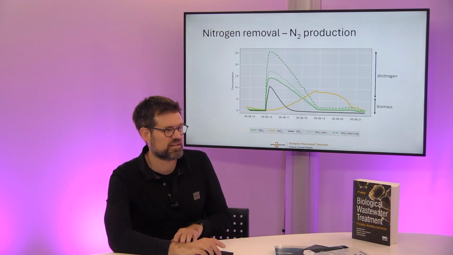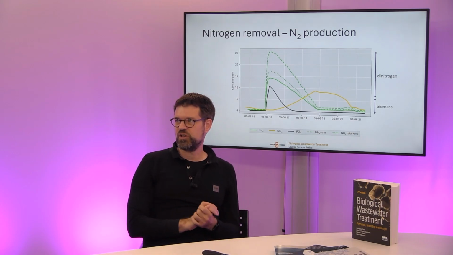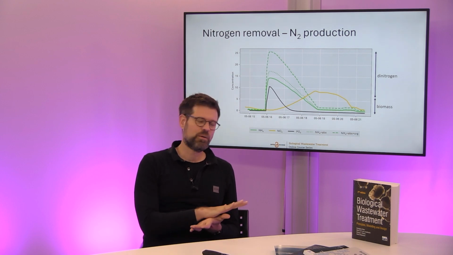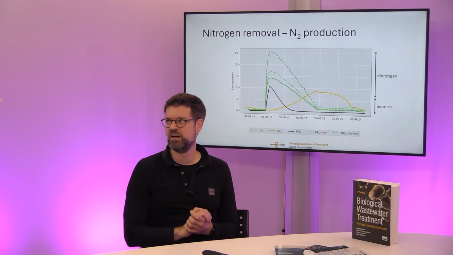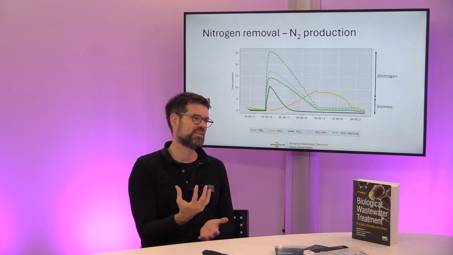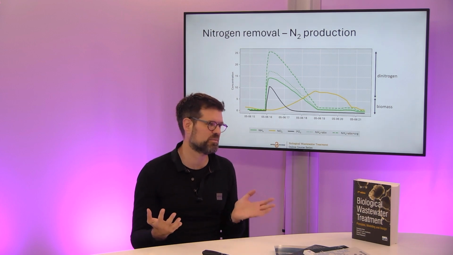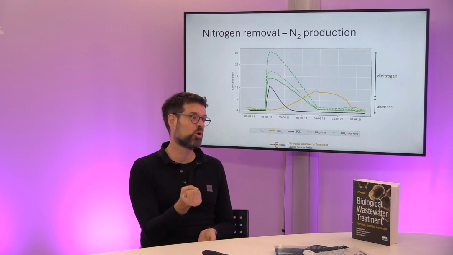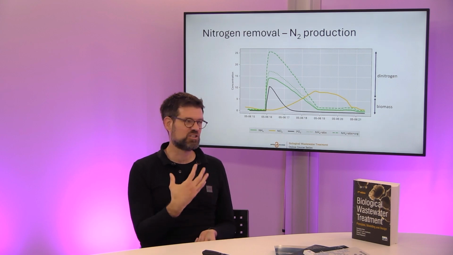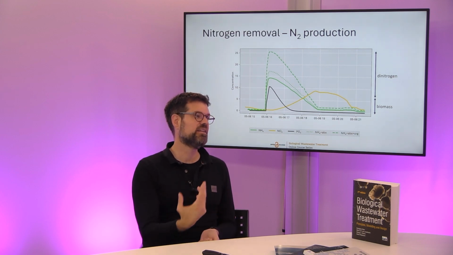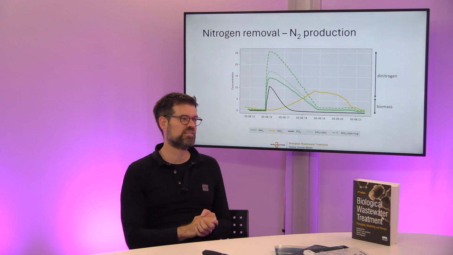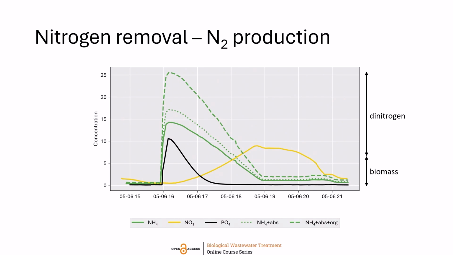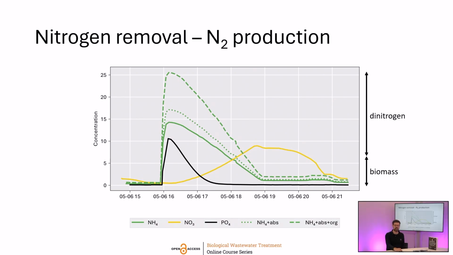If you look at the presentation, if we remove about 25 milligrams per liter of total nitrogen from the wastewater, part of it, roughly 25%, is incorporated into new biomass. And the rest is nitrified and denitrified during the process. So in this case, roughly 20 milligrams per liter of nitrogen is converted to nitrogen gas or dinitrogen.